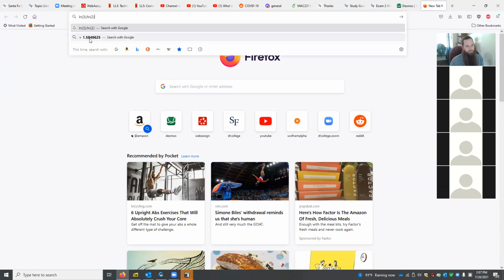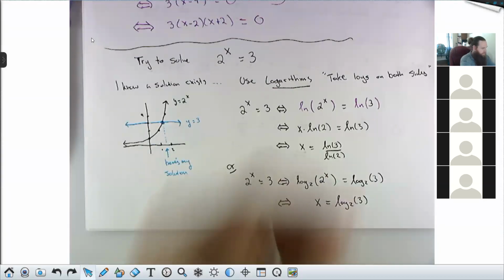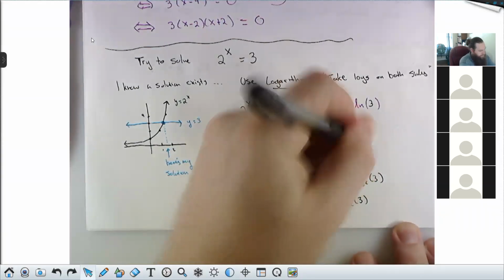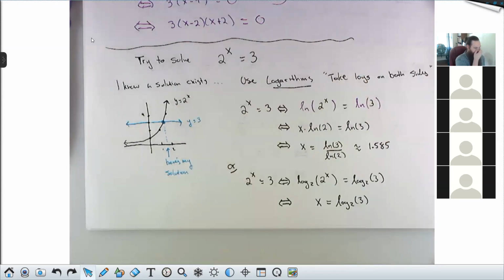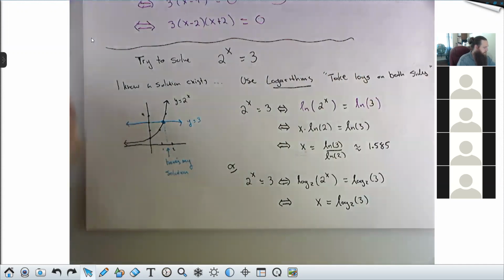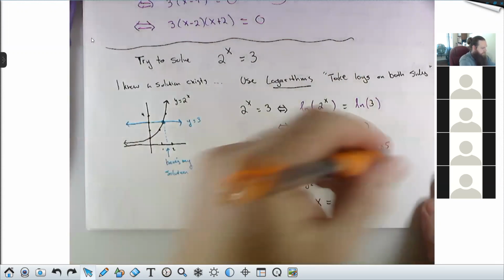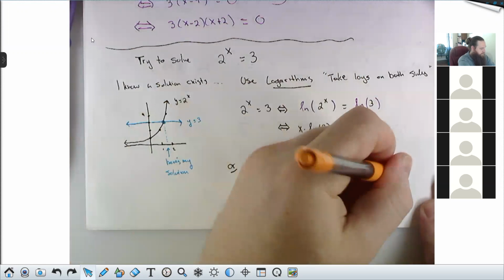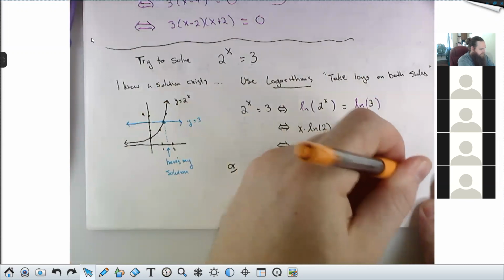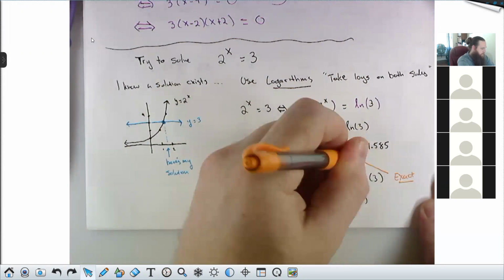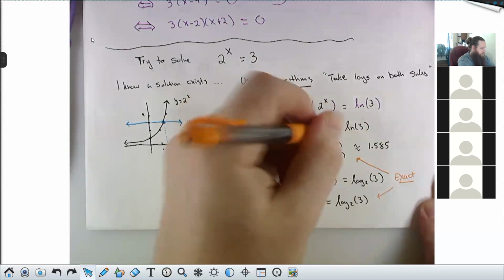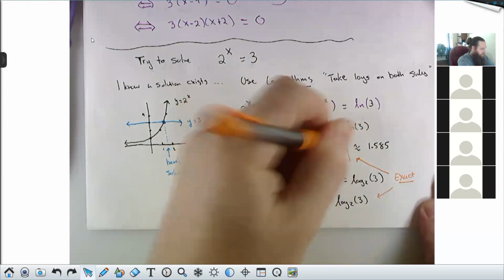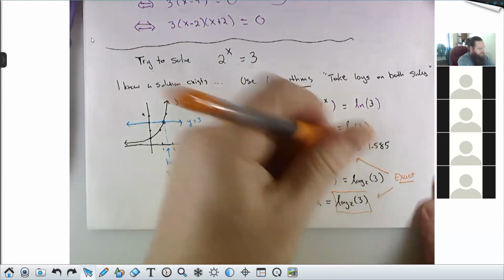1.5849. We'll call it 1.585. Okay. The exact solutions are this, divided this way or this way.